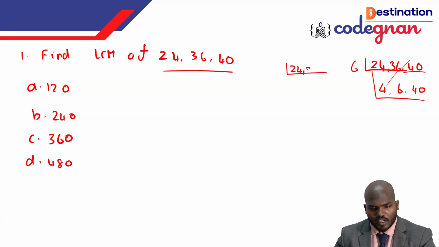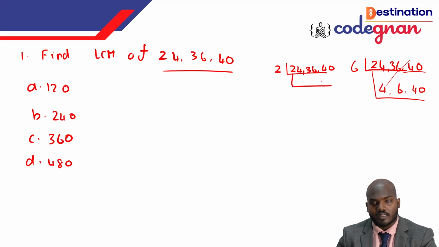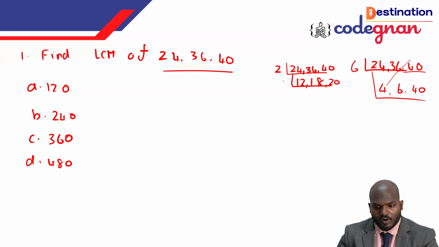That is 24, 36 and 40. I'll do this with the division table. Dividing by 2, which divides all the values: 24 gives 12, 36 gives 18, 40 gives 20.